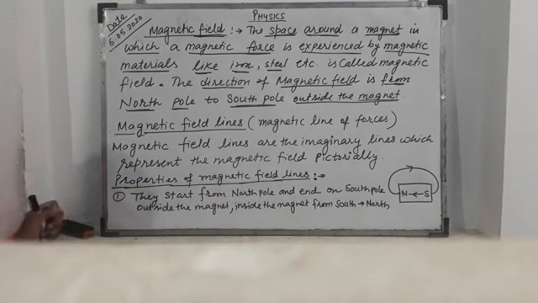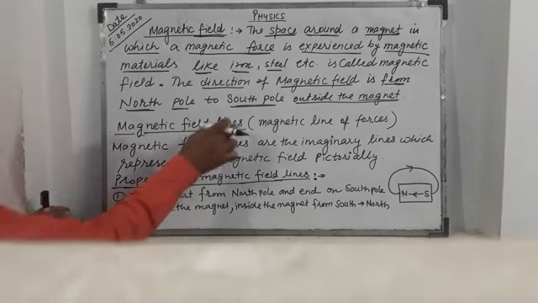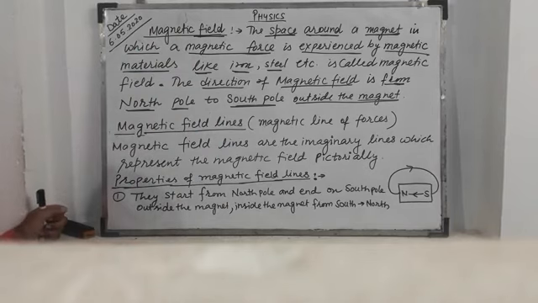Now, to represent a magnetic field some lines are required, because we cannot see the magnetic field.